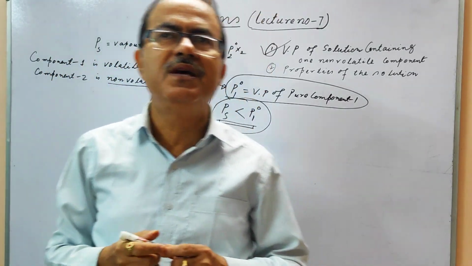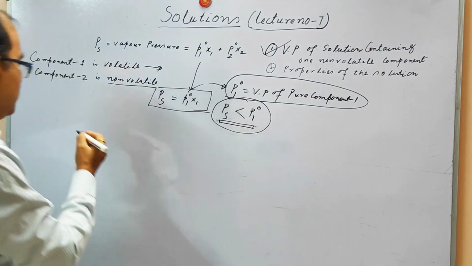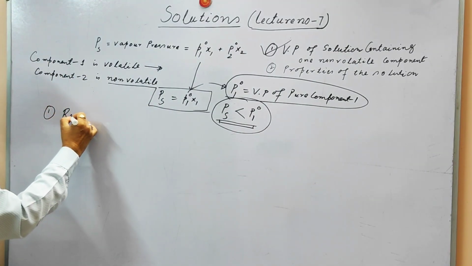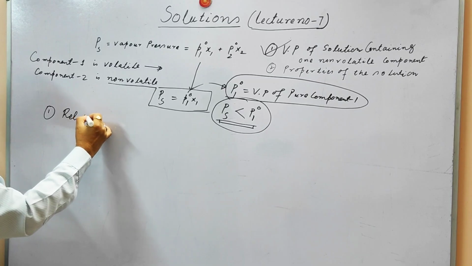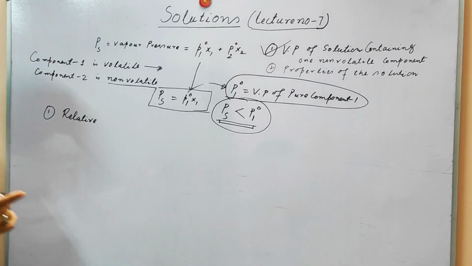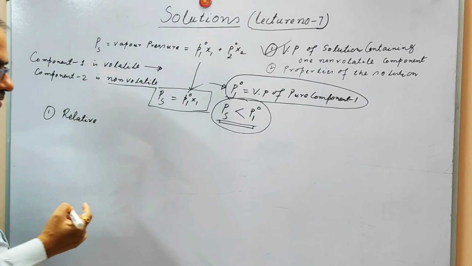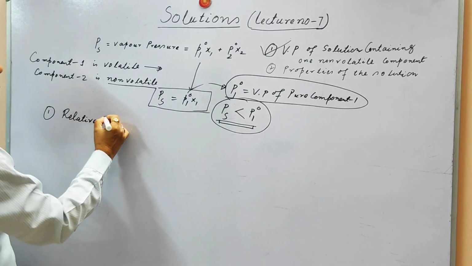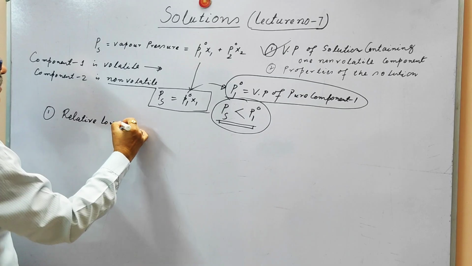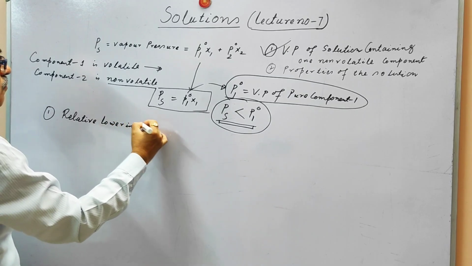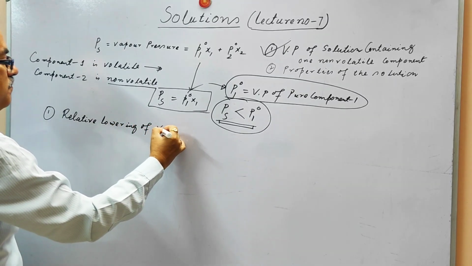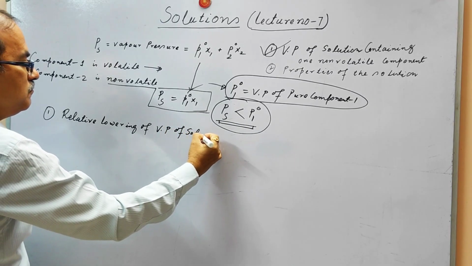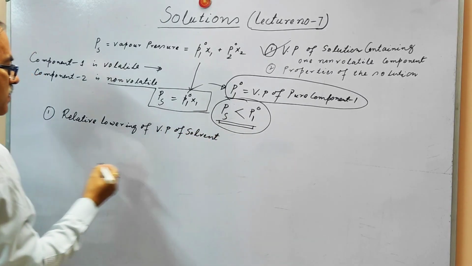The properties of the solutions that are going to be changed are, number 1, the relative lowering of vapor pressure of the solvent.